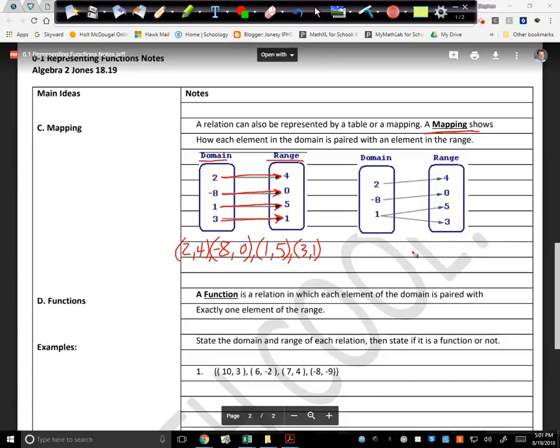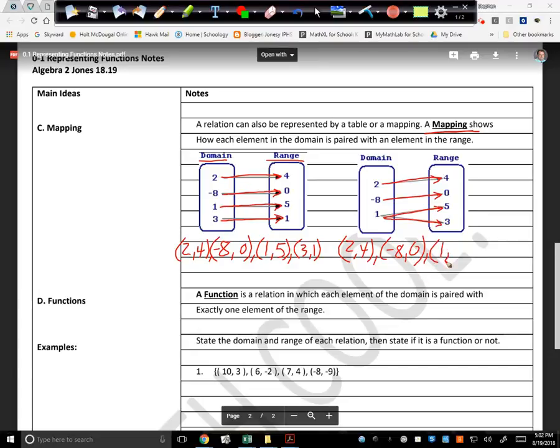Okay, this one over here is a little bit different. We've got a domain that only has 3 elements, 2, -8, and 1. The range has 4 elements, 4, 0, 5, and 3. So the difference here is that our coordinate points, this one goes here, this one goes here, but 1 goes to both 5 and 3. So if I write those coordinate points, I'd get 2, 4, -8, 0, and then we've got 2 more.